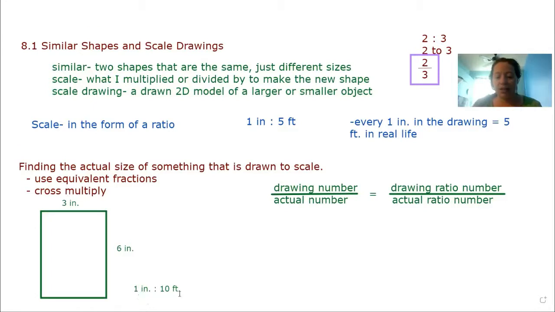So 1 inch to 10 feet. This is our scale down here. So these are the drawing measurements, and this is the scale. Actually, let me put in the things. So in pink, sure.